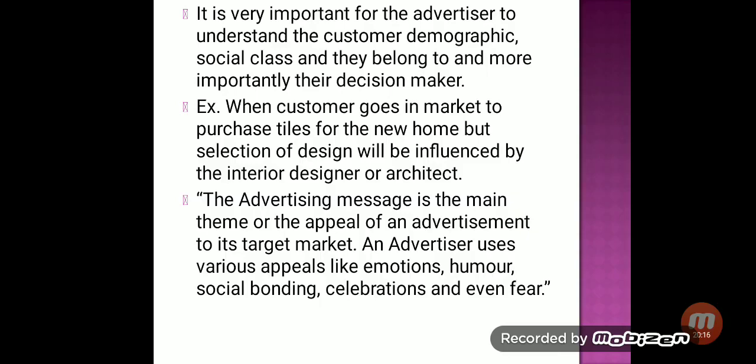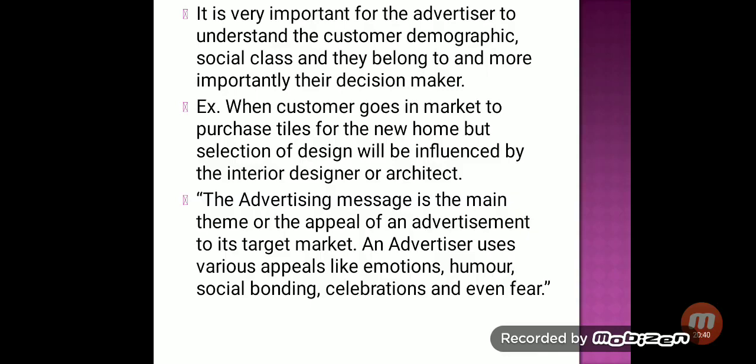So here the architect becomes the advisor. So in that case, the advertiser has to think from the point of view of the customer as well as the influencer, that is the architect in this example. Let us take another example.